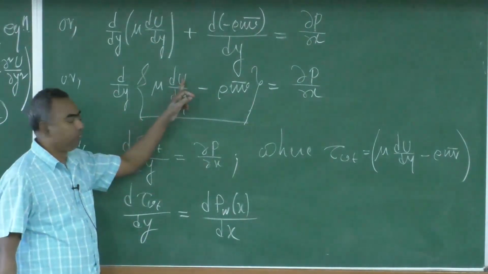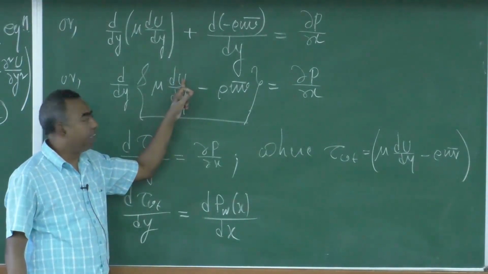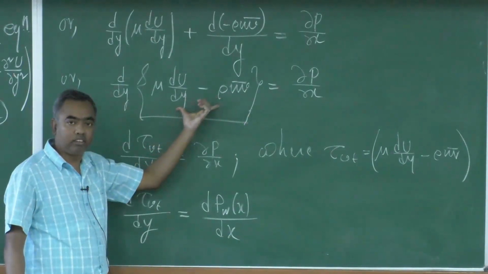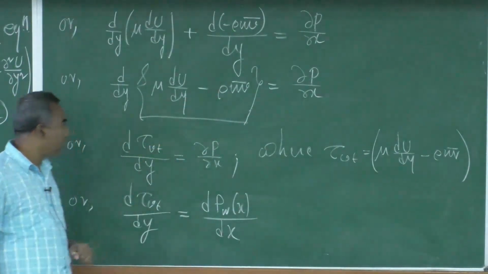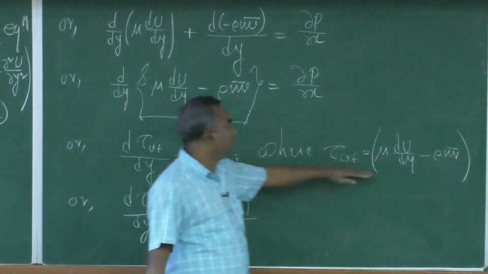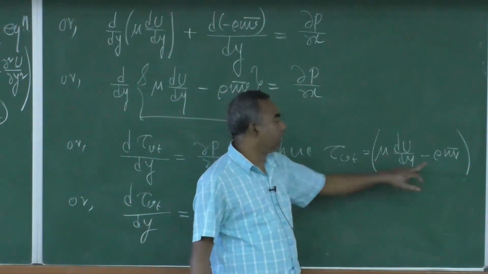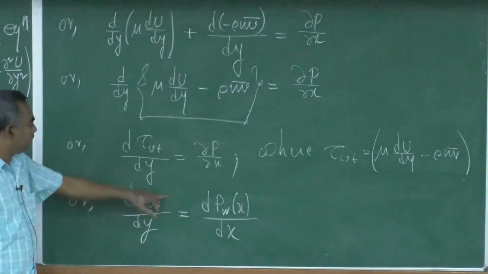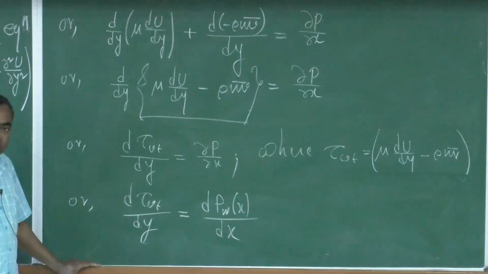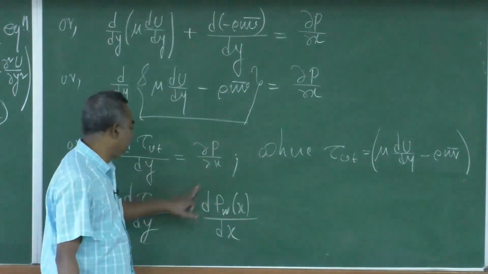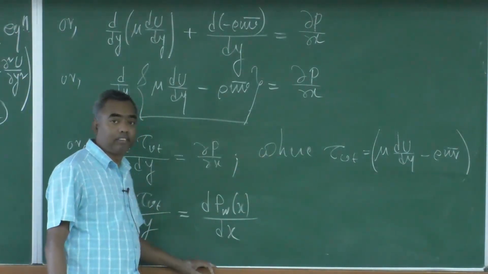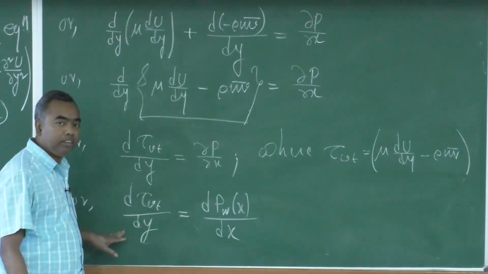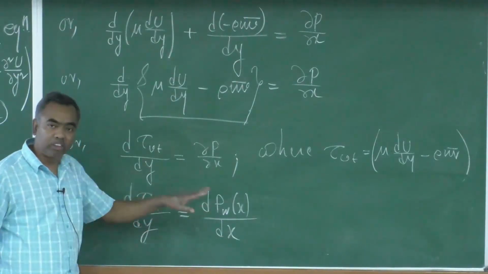You see u depends only on y, and the statistics do not depend on x. So, this entire quantity is just a function of y only. That means tau_vt, which is the summation of viscous plus Reynolds stresses, is a function of y only. So, this left hand side is a function of only y, whereas the right hand side is just a function of x. So, what it says is that both the terms should be constant.